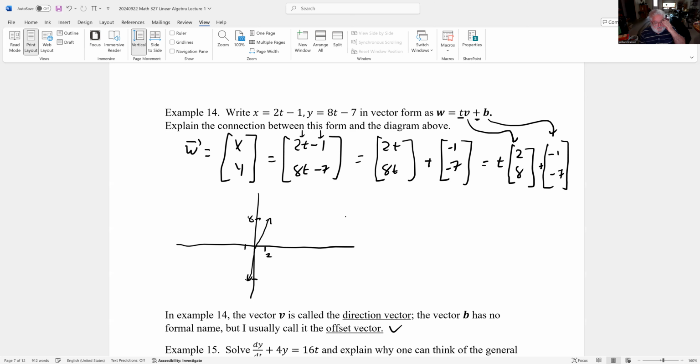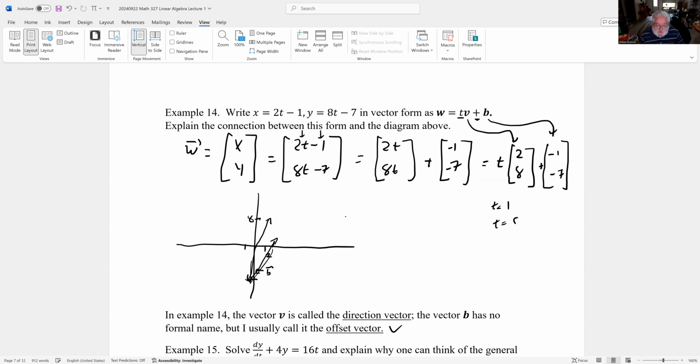There's minus 1, minus 7. So this is my offset vector, B. So if I take a particular t value, say t equals 1, what does that tell me to do? It tells me go out to the end of this vector, minus 1, minus 7, and then do one of these, a 2, 8. So there's my t equals 1. One of these and then out there.